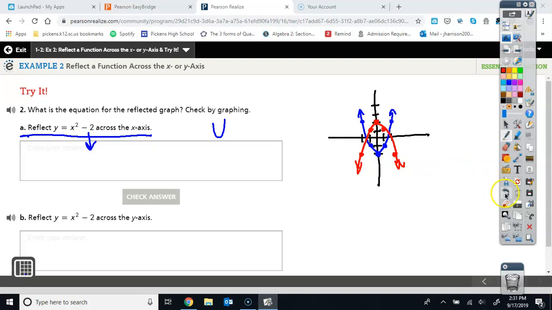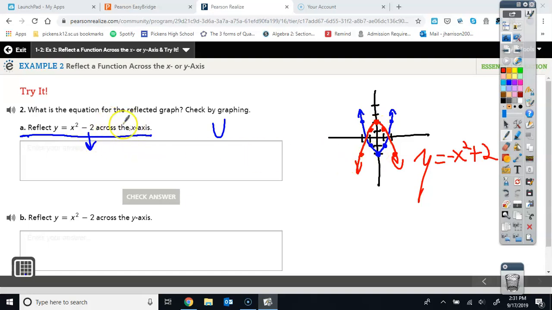Now, what is that actual function that we just drew? The function that we just drew is actually negative x squared plus 2, because it is flipped upside down and up 2 spaces.